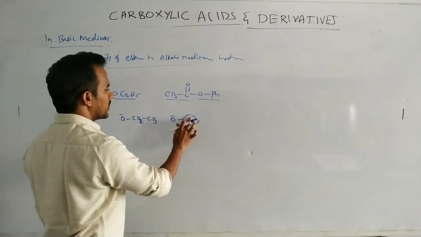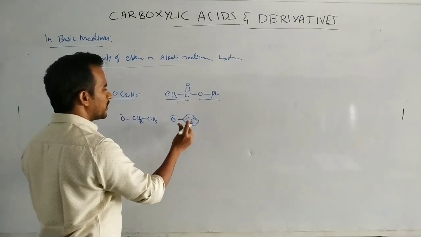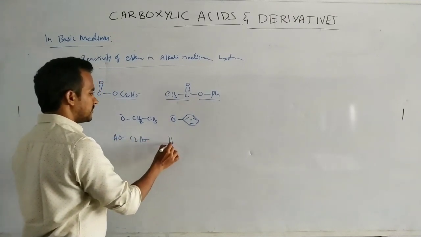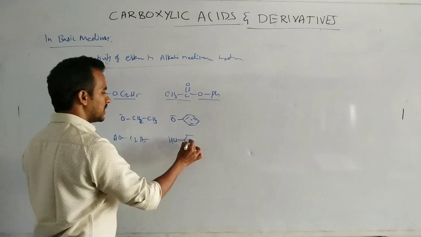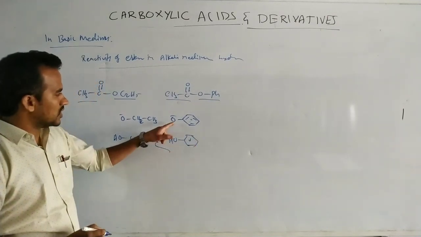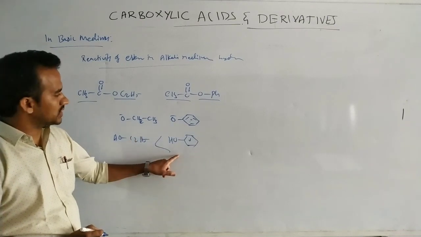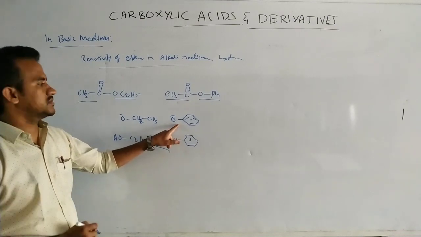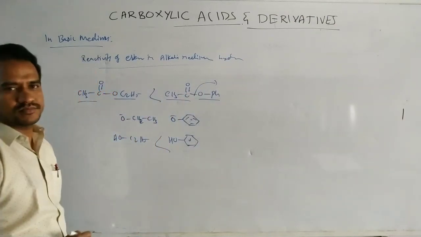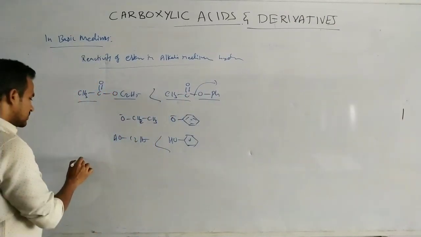Between ethyl alcohol and phenol, which is generally more acidic? Phenol is more acidic, so its conjugate base is the weaker base. A weak base is a good leaving group, so it is more reactive.